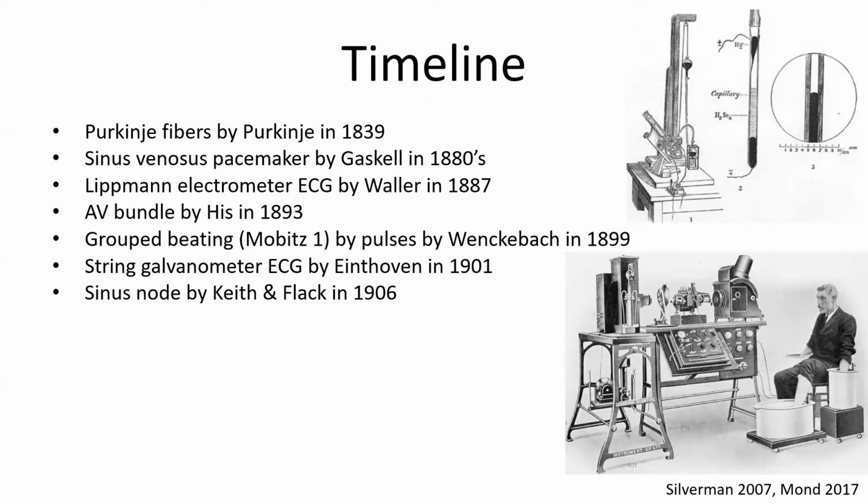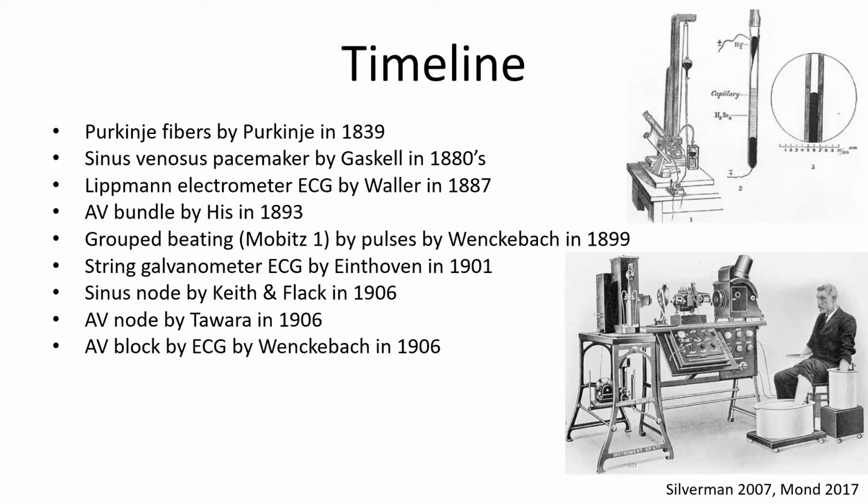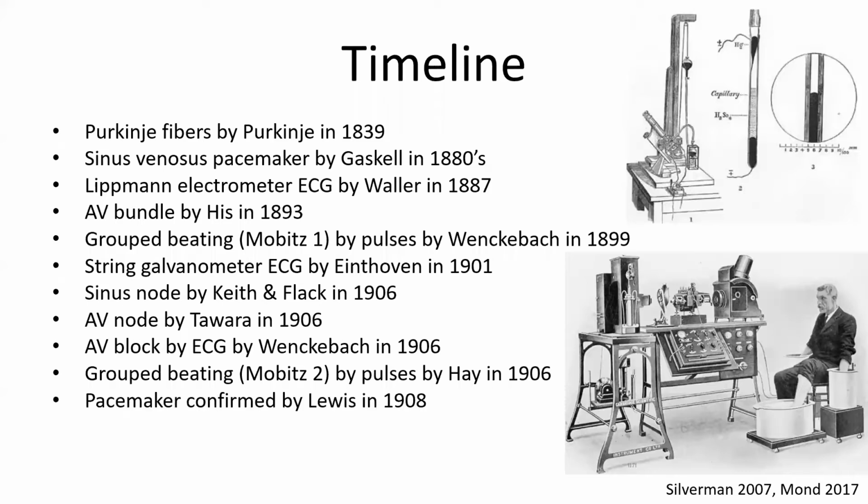It started with the sinus node discovery by Keith and Flack, the AV node by Tawara, identification of Wenckebach's group beating on the string galvanometer, and the identification of what we now know as Mobitz 2 by Hay, all in 1906. Then Lewis confirmed that the sinus node is the pacemaker of the adult heart in 1908.